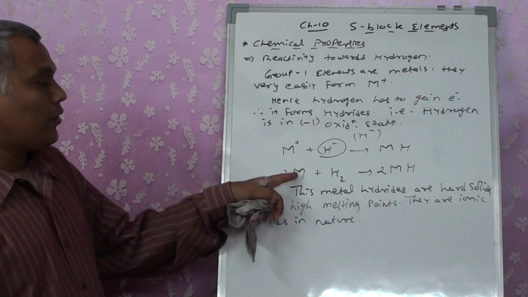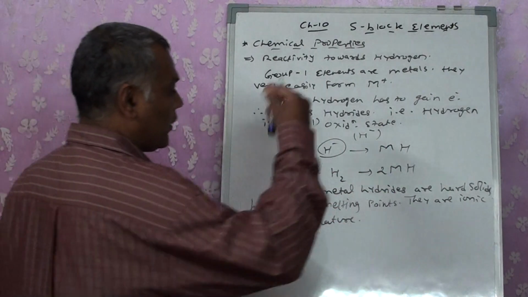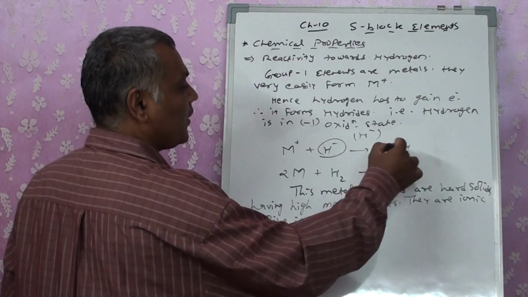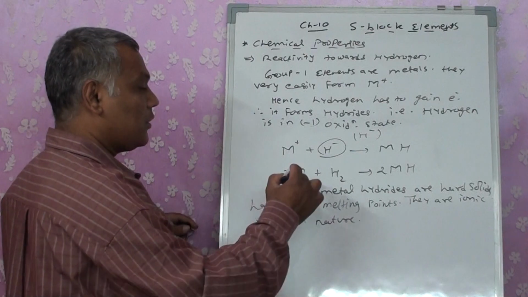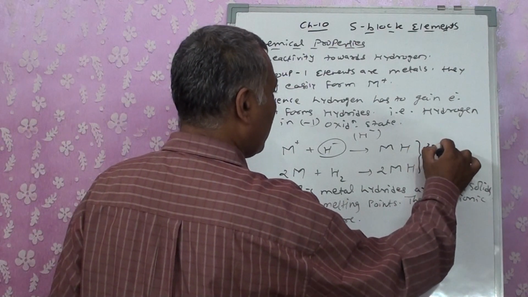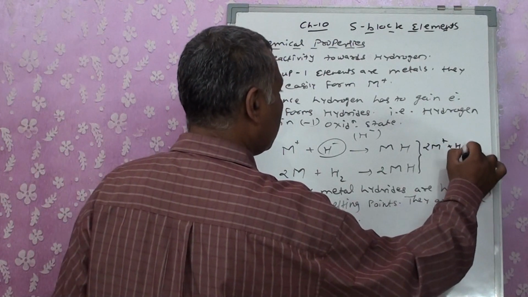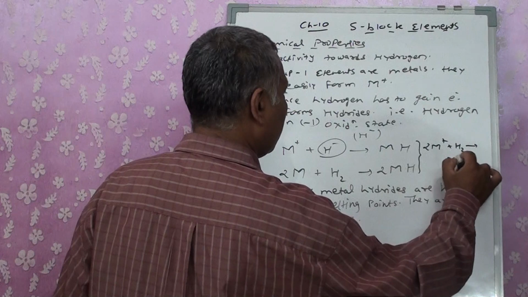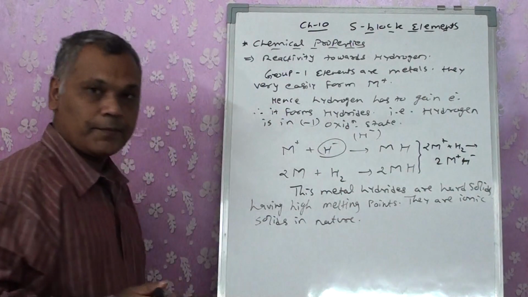We get it as 2M + H2 → 2MH, or you can also write it as M+ H- → MH. Or again, I can also write this reaction in the form of 2M + H2 → 2M+ + 2H-, right?